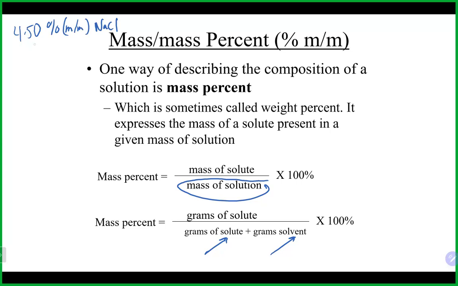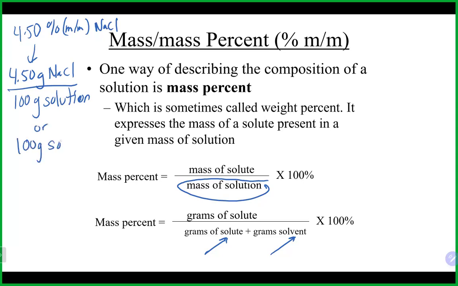So we could turn this into a conversion factor, and that would mean that there would be 4.5 grams of sodium chloride in 100 grams of solution. So that is a conversion factor that you could get from the actual percent mass to mass. And because that's a conversion factor, you could flip it around the other way and go 100 grams of solution is 4.5 grams of sodium chloride.